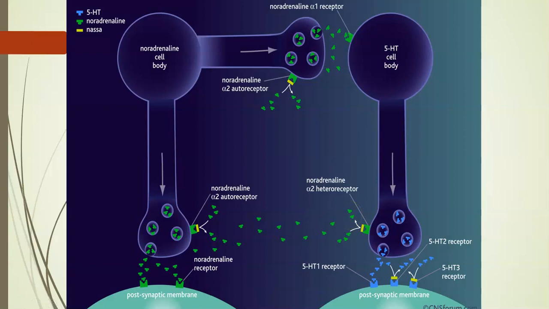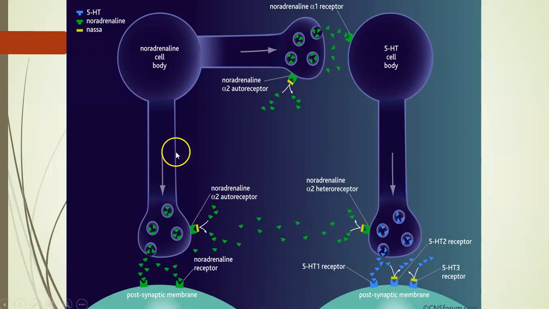Although technically both receptors can exist on the same neurons, I have put them separately here in this diagram just to highlight how they are different, right? But basically, alpha-2 receptors are involved in negative feedback for neurotransmission.